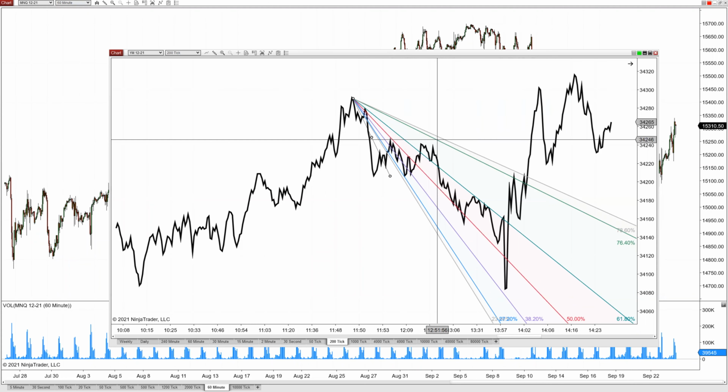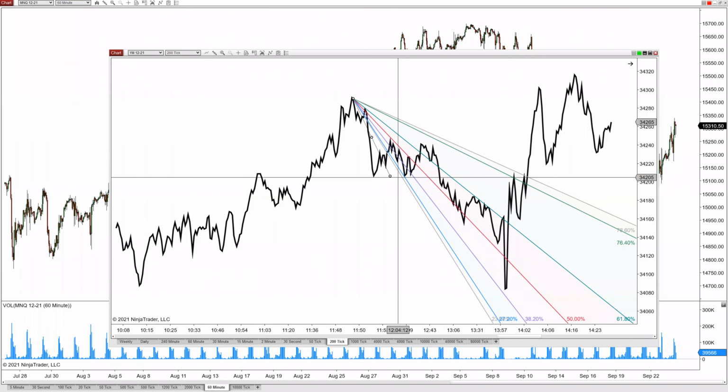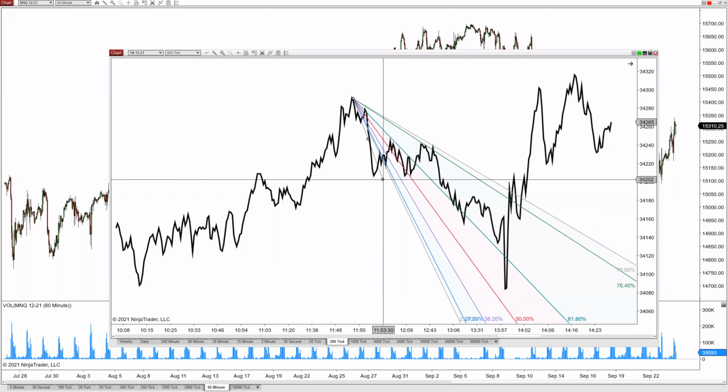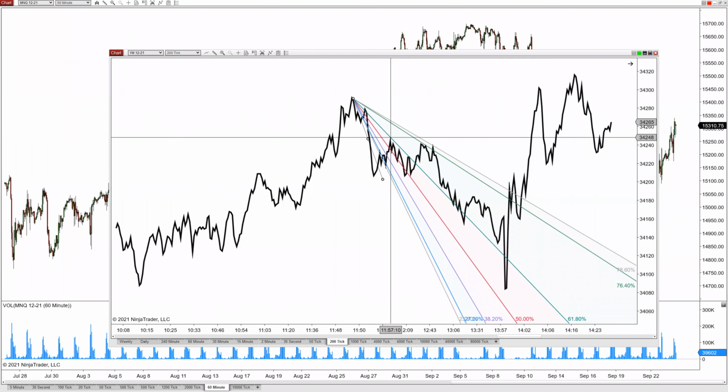But if it hit that level and broke down, the distance between the lows might be too much. If, however, we switch this and we hook the first one up with the 61.8, now when it breaks down, the distance between the lows is pretty comparable.